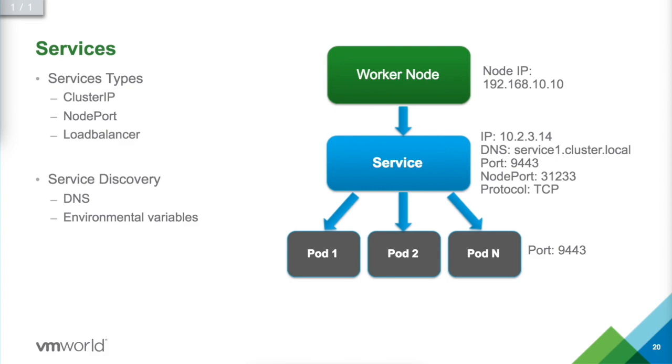In this situation, when you create a service with type equal load balancer, the Kubernetes system will deploy a dedicated load balancer instance to access this service. The load balancer will have a virtual IP address that users need to reach in order to access the underlying pods. How does it work?